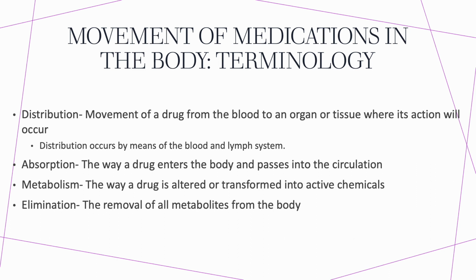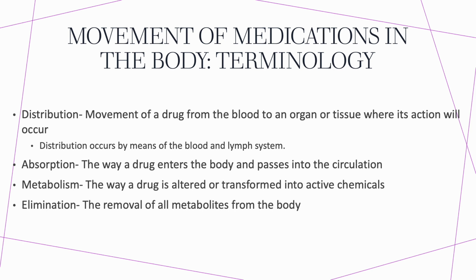It means I'm going to distribute the medication to target the part of my body that I need a therapeutic effect on. Easy enough. Absorption is the way the drug enters the body and passes into the circulation. The medication absorbs into the bloodstream and then circulates throughout the entire body. A little bit different than distribution, but basically the same.